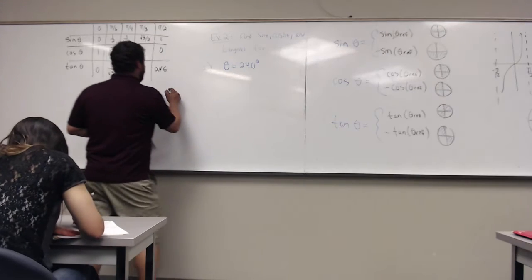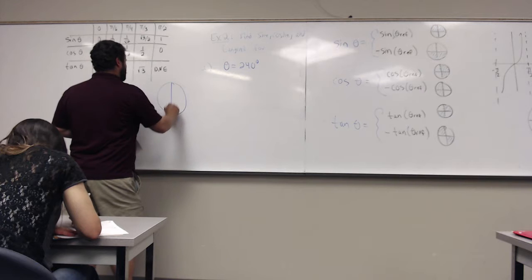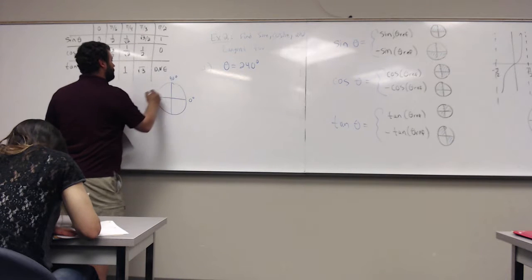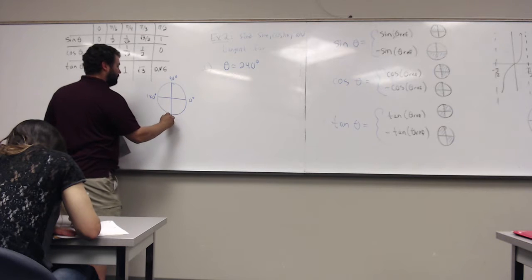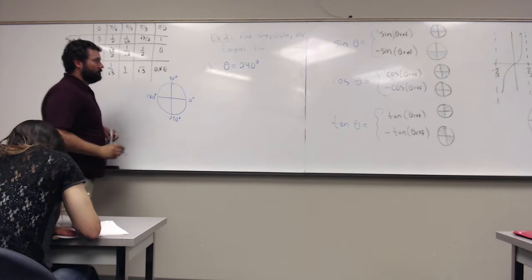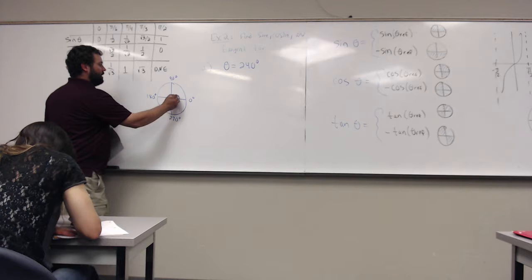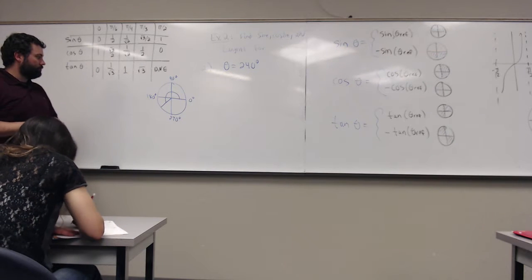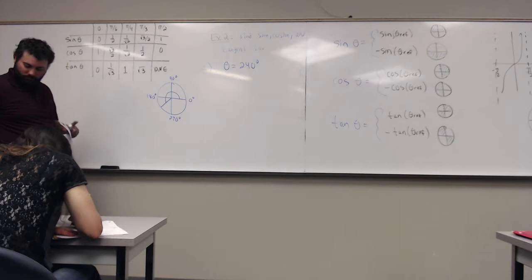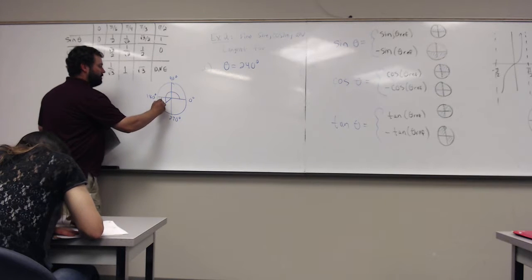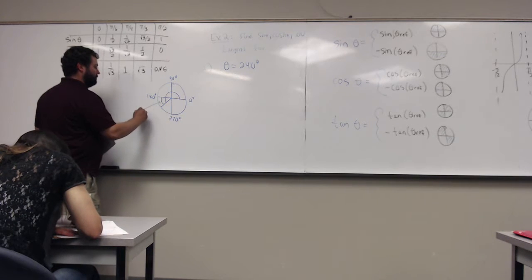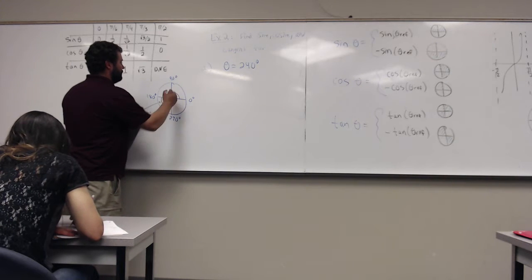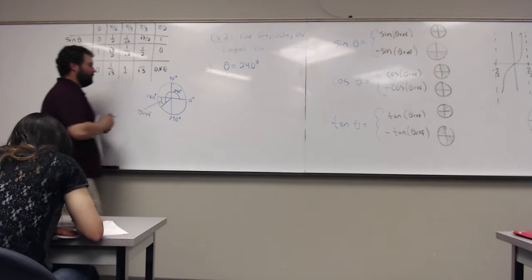Okay, so draw yourself a picture. That's 0 degrees, 90 degrees, 180 degrees, 270 degrees. So 240 degrees is going to land us in quadrant 3. Here's our reference angle. And this was our 240 degree angle.